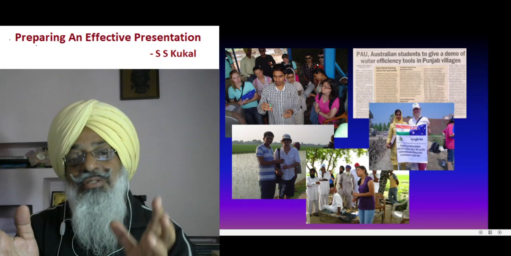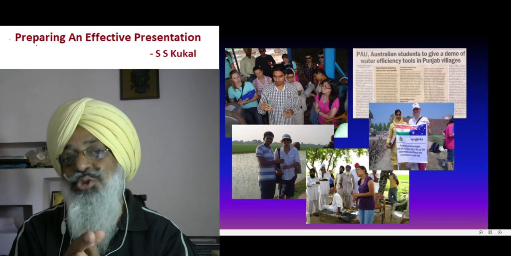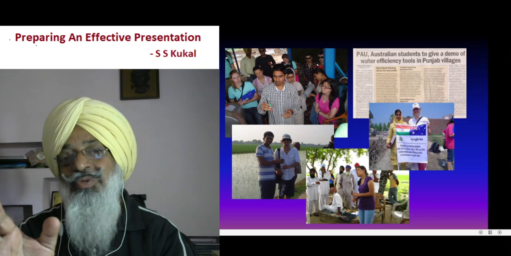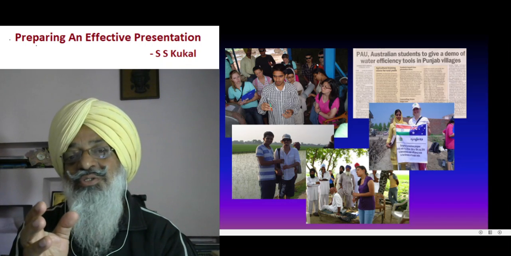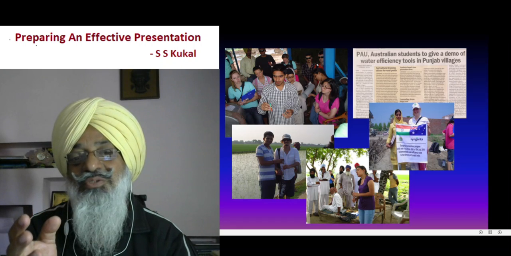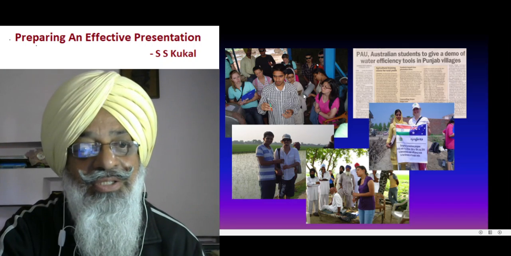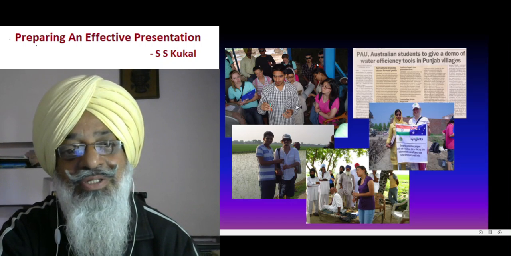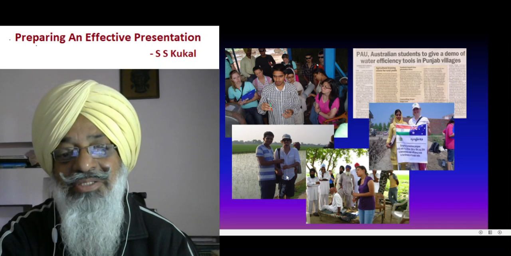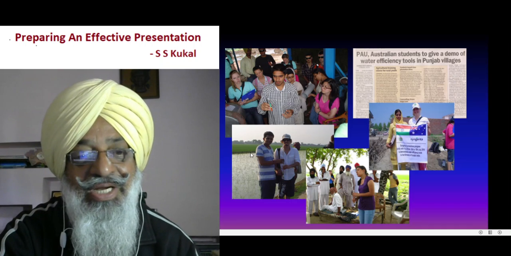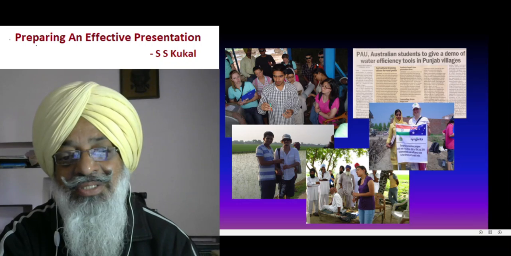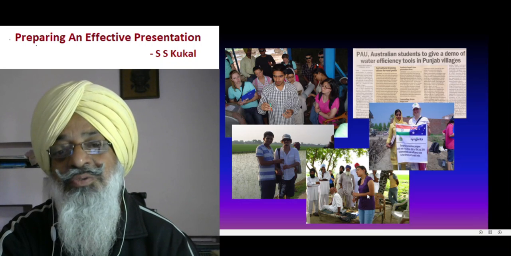Now here you see just photographs, they are conveying a story. And here it's a newspaper clipping: PAU Australia students to give a demo of water efficiency tools in Punjab villages. They are demonstrating the use of this technology, a tensiometer for irrigation of rice, and students are standing near the rice fields. This girl student is explaining the use of this.